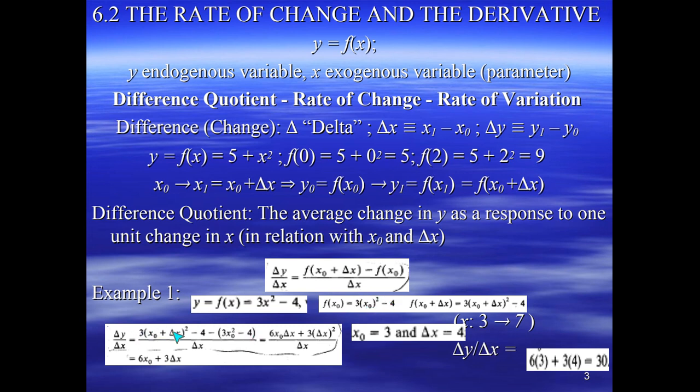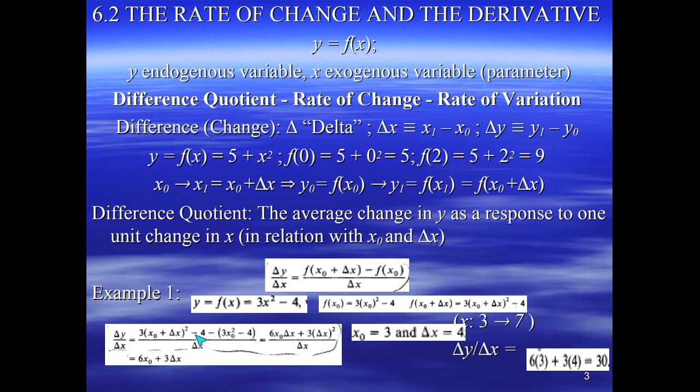So, if we develop this expression, we obtain x0 square plus 2 times x0 delta x plus delta x square, multiplied by 3, we obtain 3x0 square plus 6x0 delta x plus 3 delta x square. And here we have minus 4 minus 3x0 square, just distributing this minus 1 into the parentheses, we obtain minus 3x0 square plus 4.